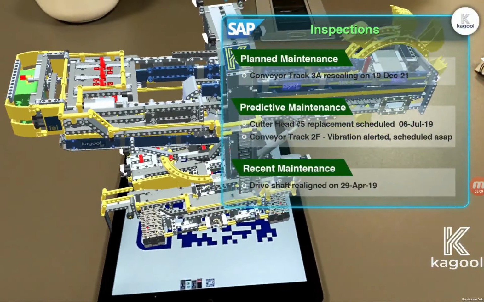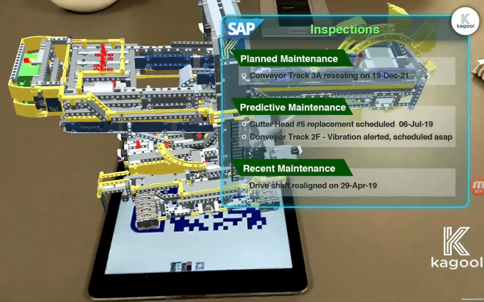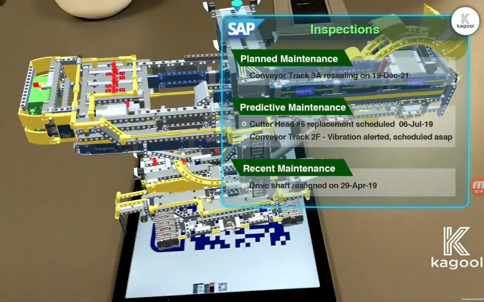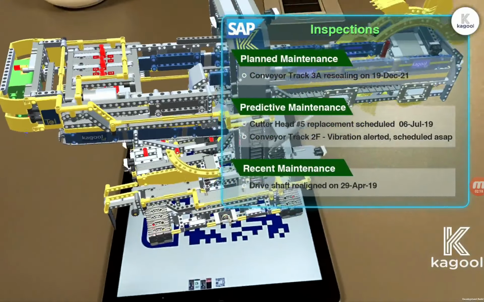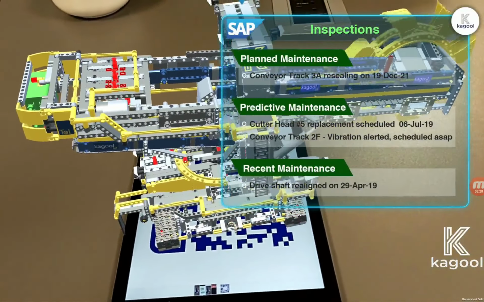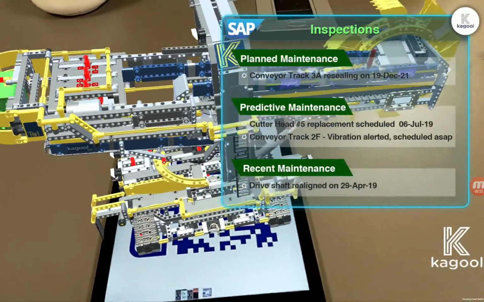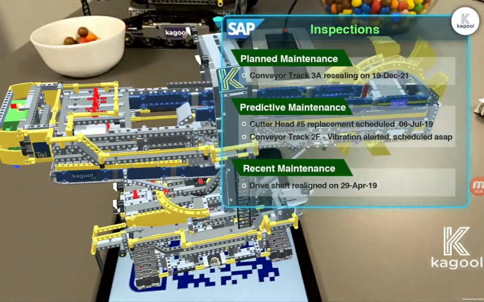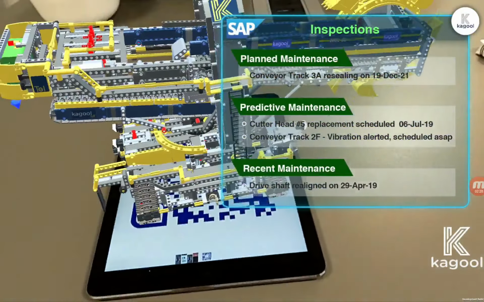This visualization can be as complicated or as simple as you'd like. What we're trying to indicate is the capability of pulling any data from SAP into Azure, and then rendering it against a model, a visualization like this, which is specific to the piece of equipment that the user is looking at.